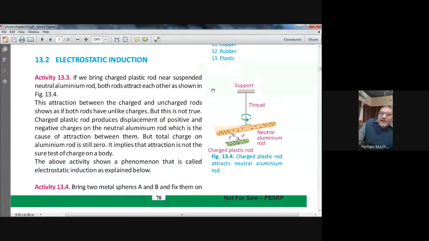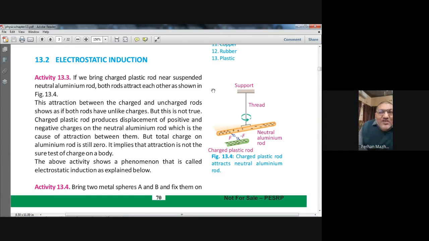So, if we bring a charged plastic rod near a suspended neutral aluminum rod, both rods attract each other as shown in the figure. This attraction between the charged and uncharged rod suggests that both rods have unlike charges. But this is not true.